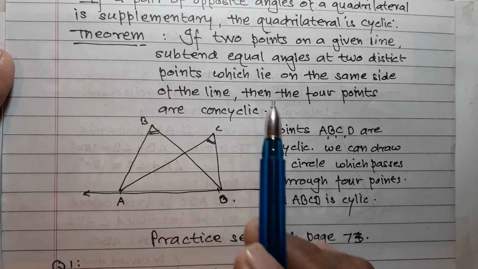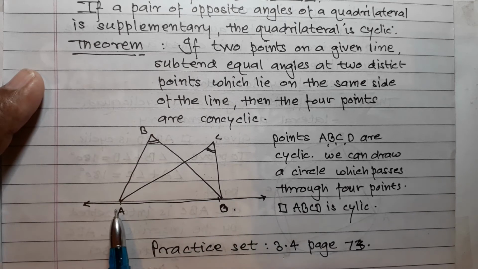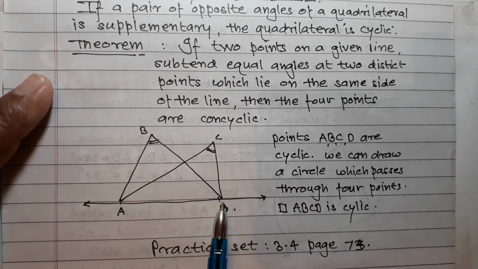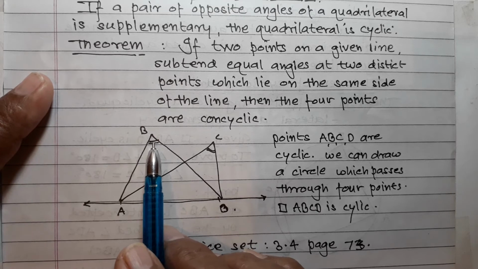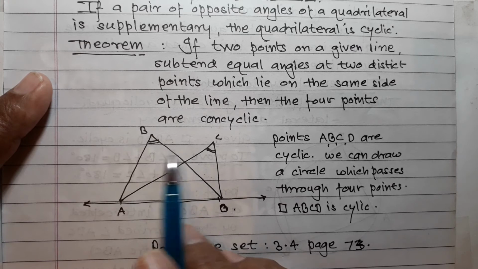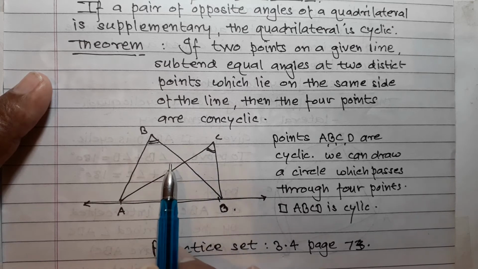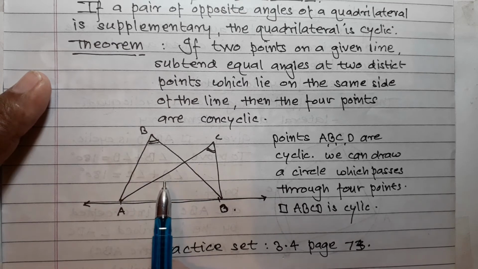That means, suppose this is a given line, and on this line there are point A and point B, and if these 2 points subtend equal angles, angle B and angle C, which are equal, then these 4 points are cyclic.